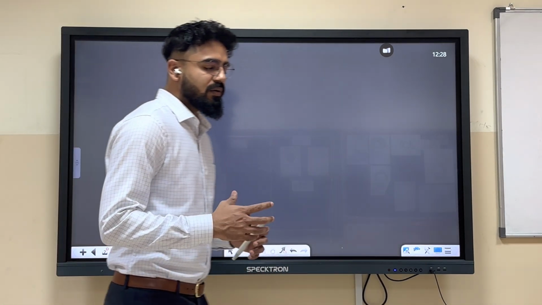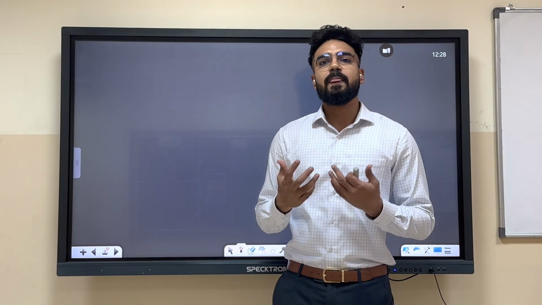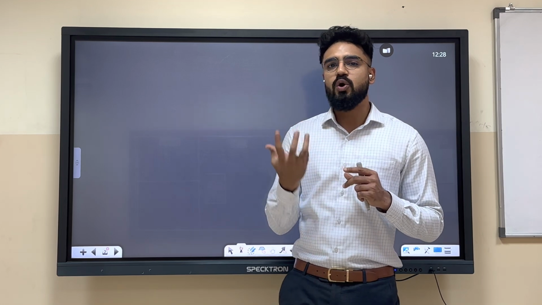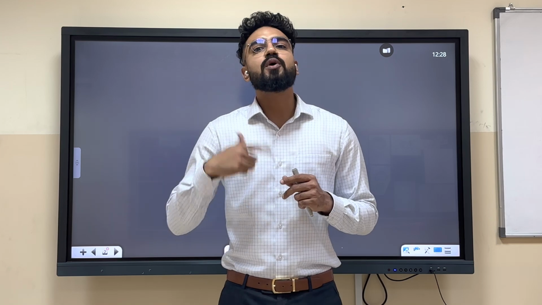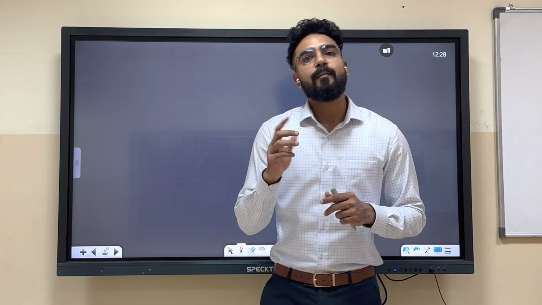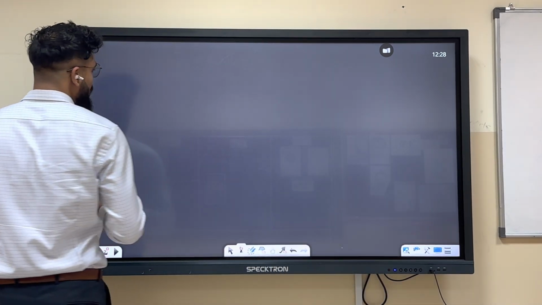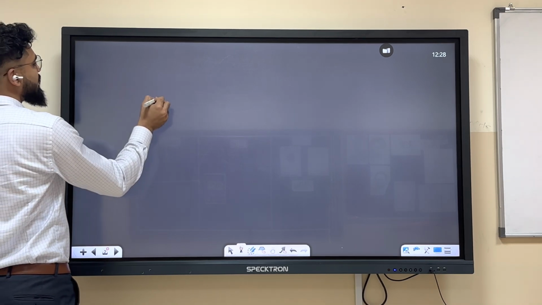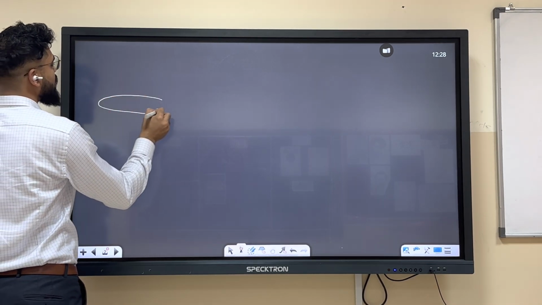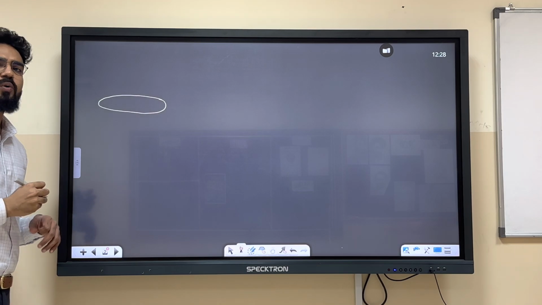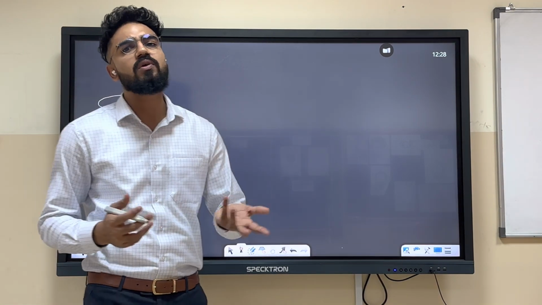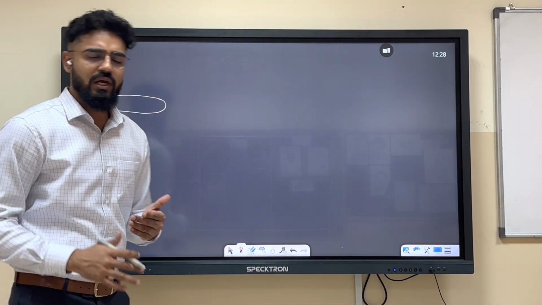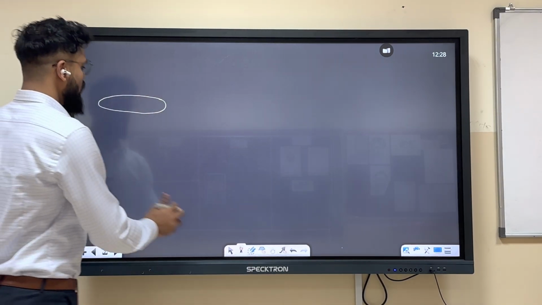Now, when we discuss coils or a current carrying wire, it produces a magnetic field. Especially when we discuss a loop, this loop can be of any shape. It could be circular, rectangular, or triangular.